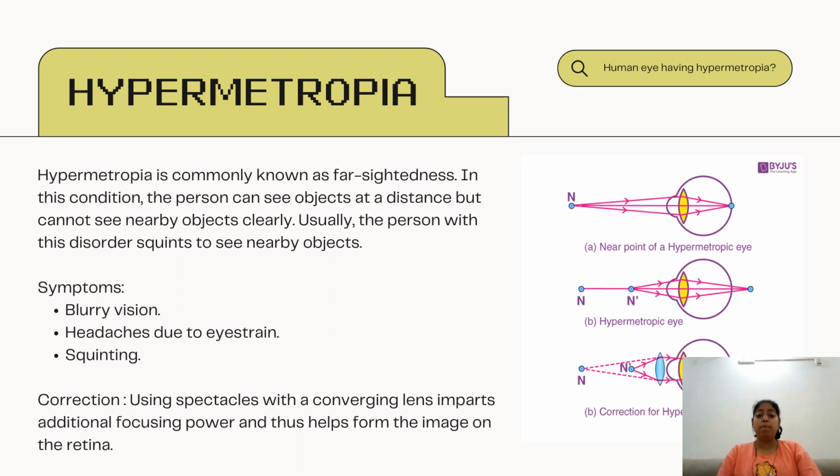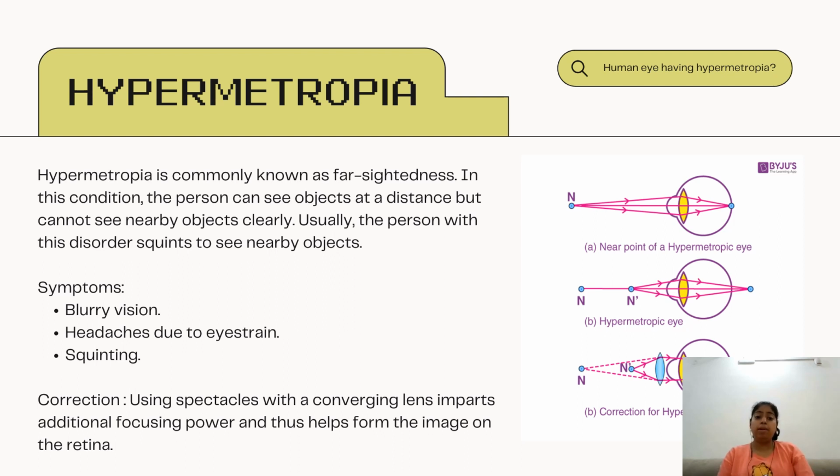Let's look at hypermetropia. Hypermetropia is commonly known as farsightedness. In this condition, the person can see objects at a distance but cannot see nearby objects clearly. Usually, the person with this disorder squints to see nearby objects. Hypermetropia is caused when the light rays from a close object are focused at a point behind the retina, making the image blurry.